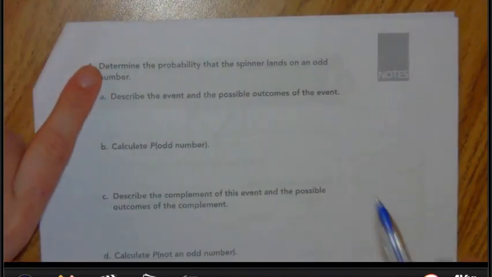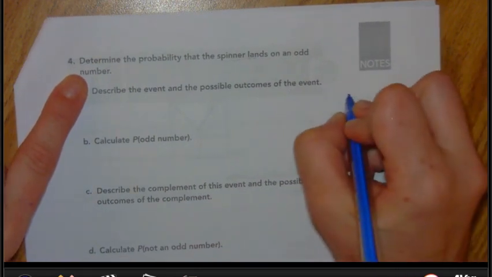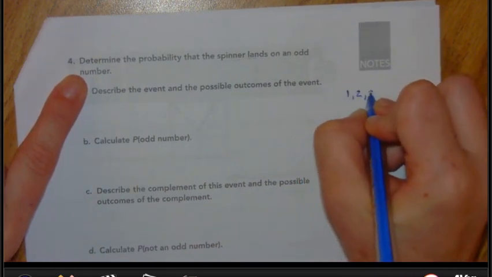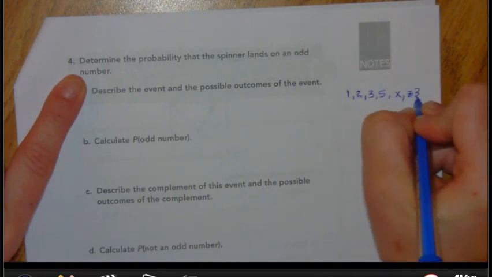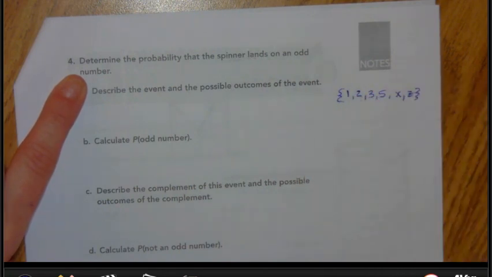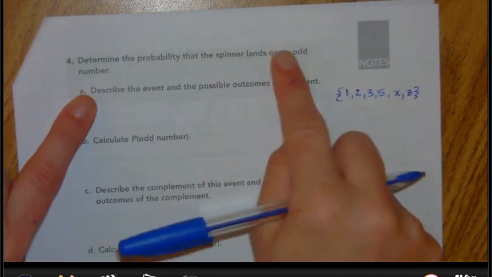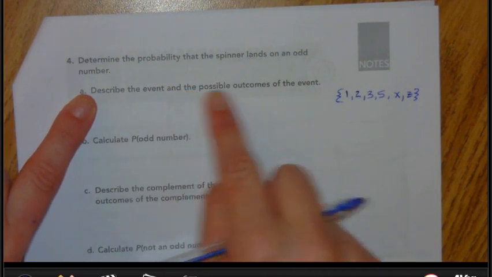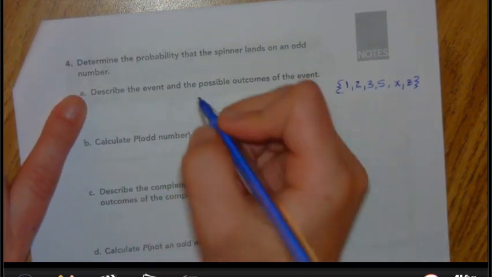All right. Number 4. Determine the probability that the spinner lands on an odd number. So I'm going to rewrite my outcomes here. Describe the event and the possible outcomes. Well, what is my event? What do I want to happen?